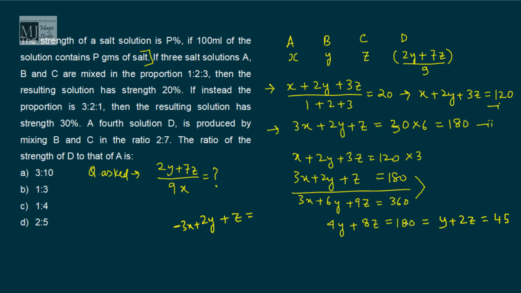So that would be 180 minus 180, that is 0. That means 2y plus 7z is equal to 3x. Now I have my answer. My answer is 3x by 9x, that is 1 by 3. So the required ratio is 1 is to 3. Option B fits in.